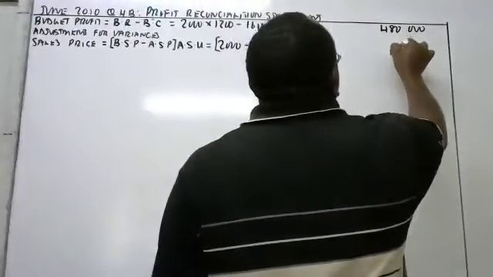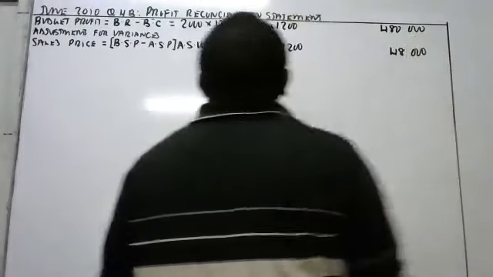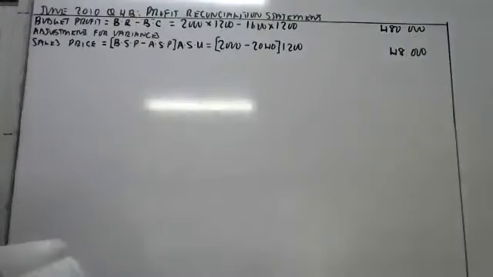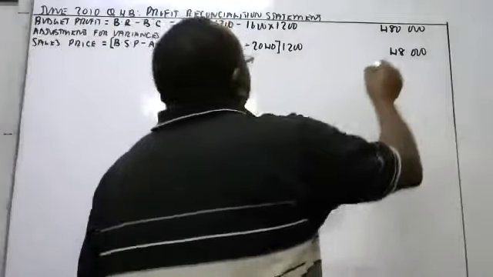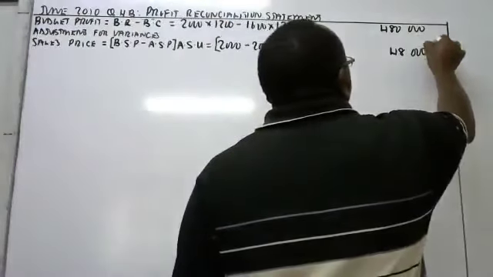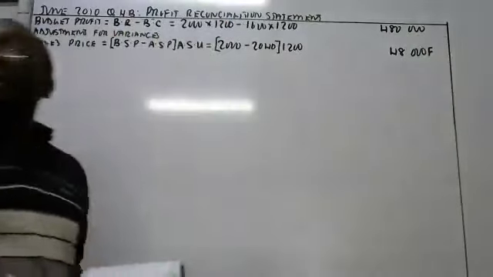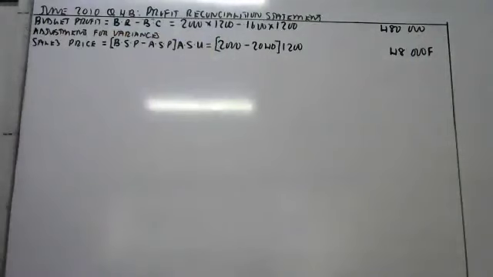That gives $48,000. Is it favorable or adverse? It is favorable because we sold at a higher price. The actual selling price is higher.